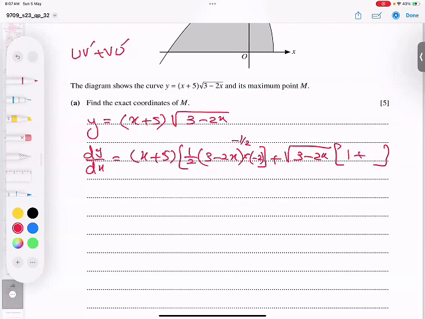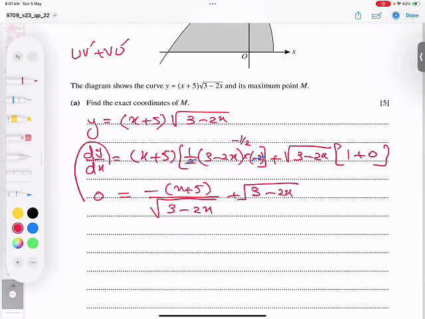X has a 1 and 5, 0. These two cancel out. So we got -1, negative x plus 5. And this negative half will come in the denominator, becoming this format. And the other remains as it is.